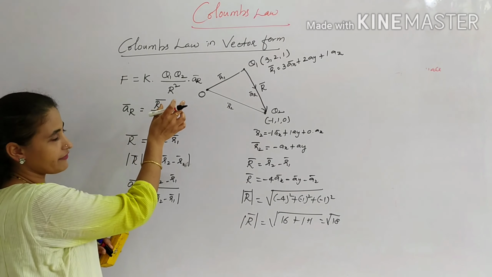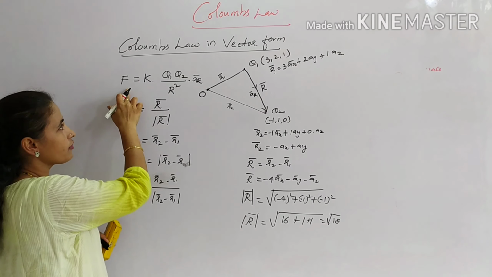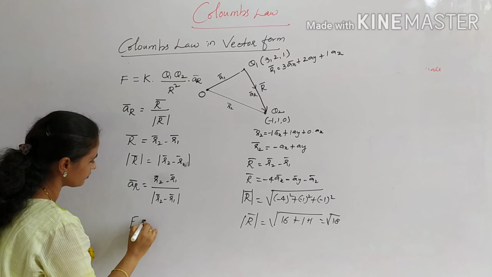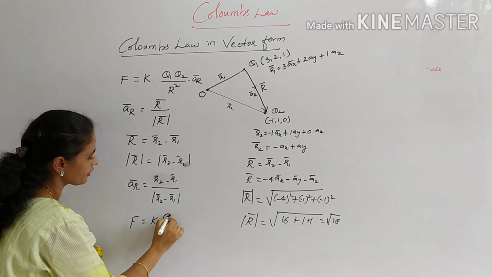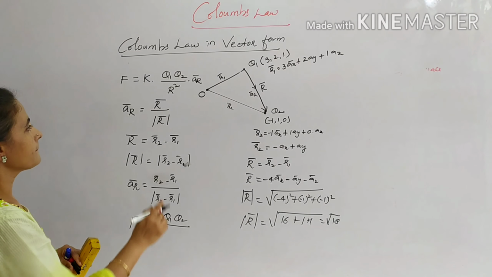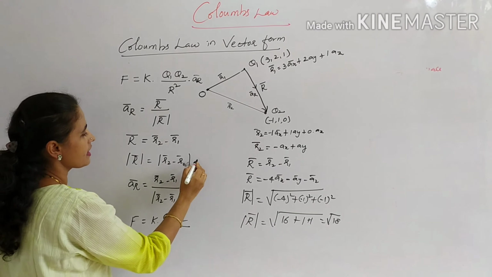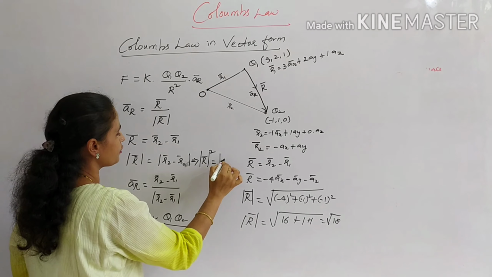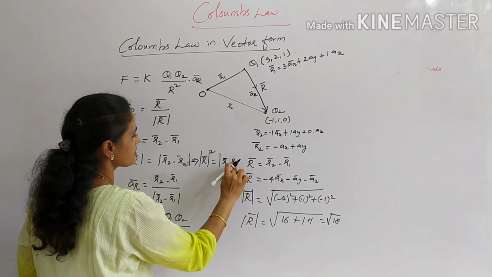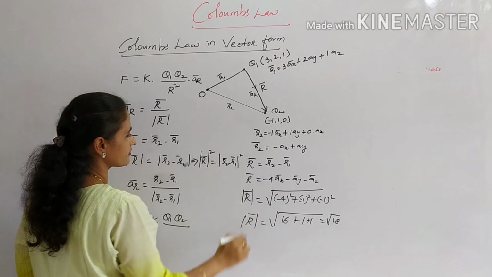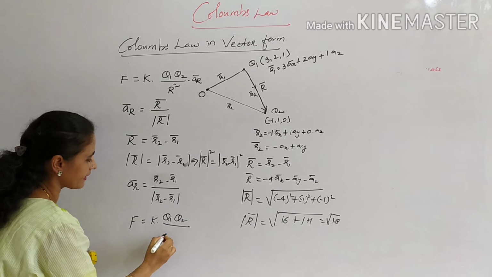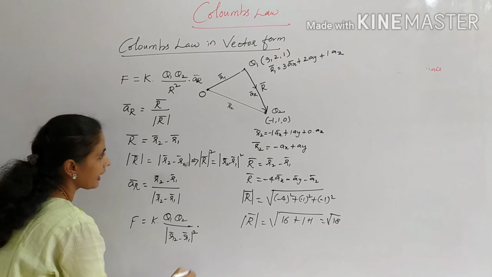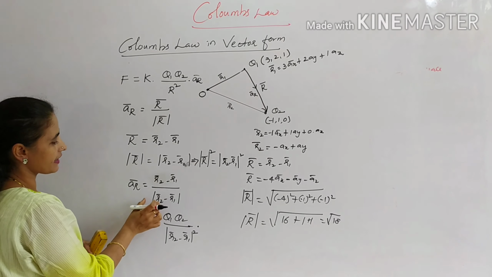Now what we are doing is obtaining the force using Coulomb's law in vector form, which is given by F equal to K Q1 Q2 upon R square. What does R square mean? It is the magnitude of r2 minus r1 squared.